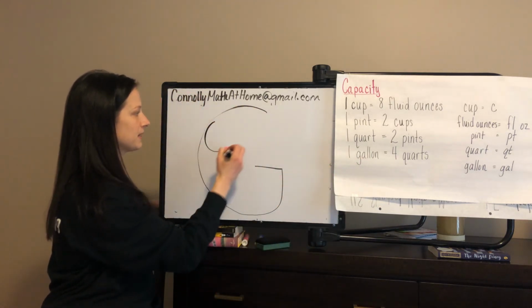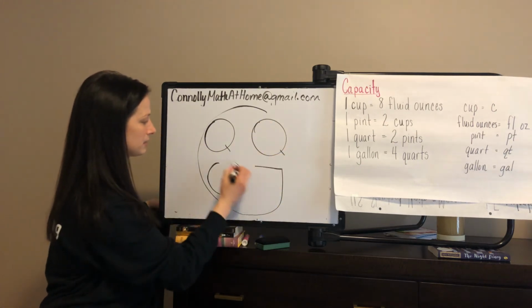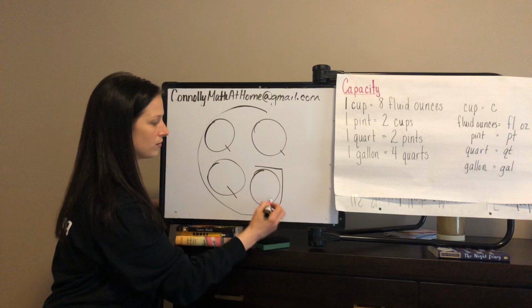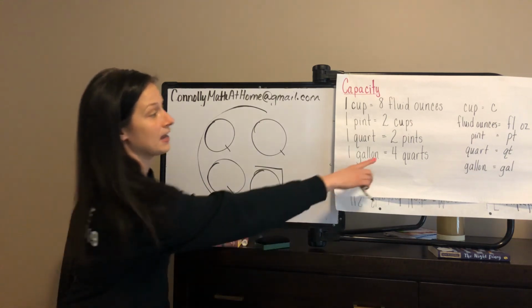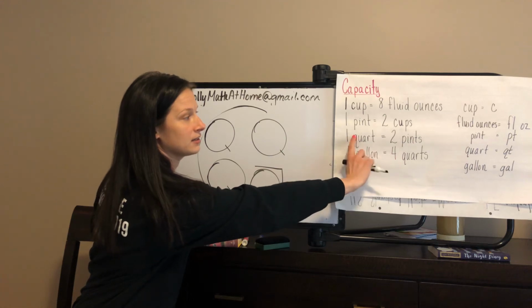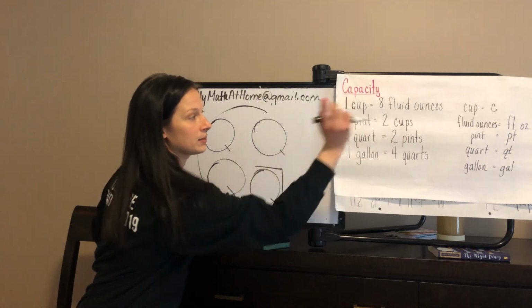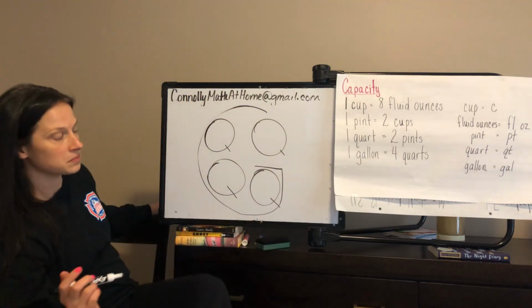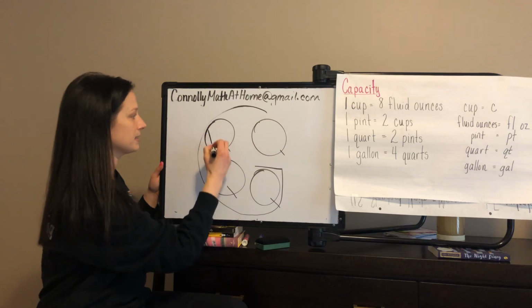I'm probably going to run out of space. Kind of make my Q's really big because I have a lot to fit in here. So in 1 gallon, there's 4 queens. Each queen, each quart, had 2 princes, maybe? Yeah, we'll call them princes. So each quart has 2 pints.